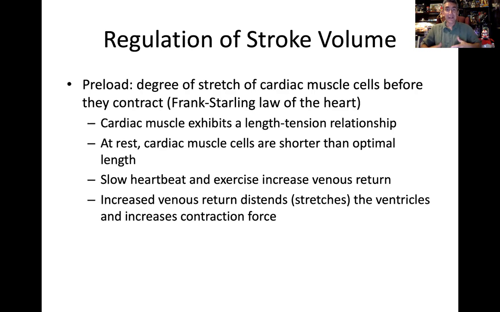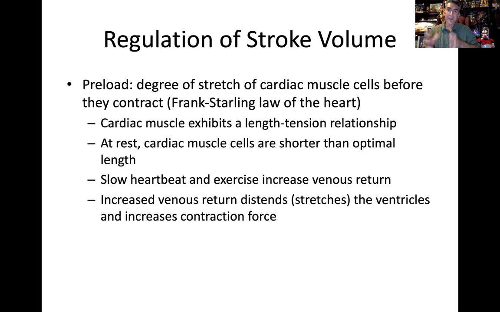Think of a woman in labor. How stretched is that uterine wall? Oh, that uterine wall is stretched, so it's going to have a very forceful, very painful contraction, right? So there is a limit. You can overstretch a muscle, and we can actually have damage or trauma to the muscle.